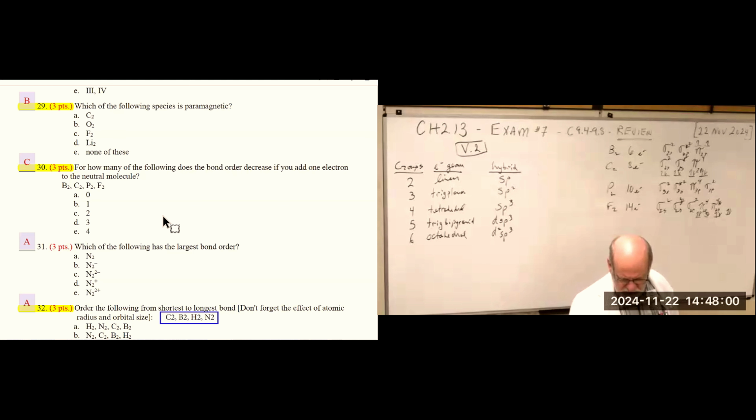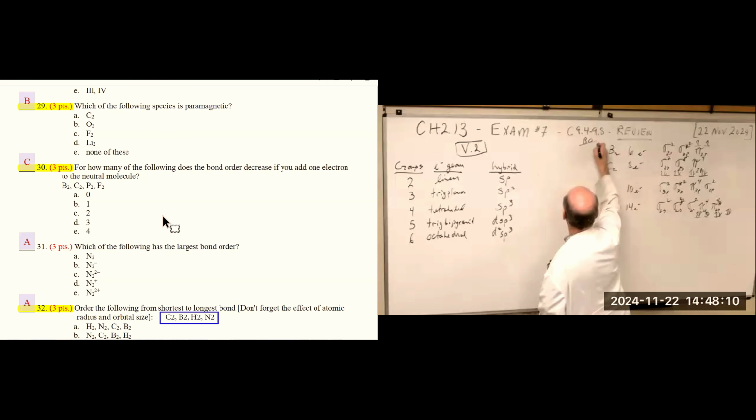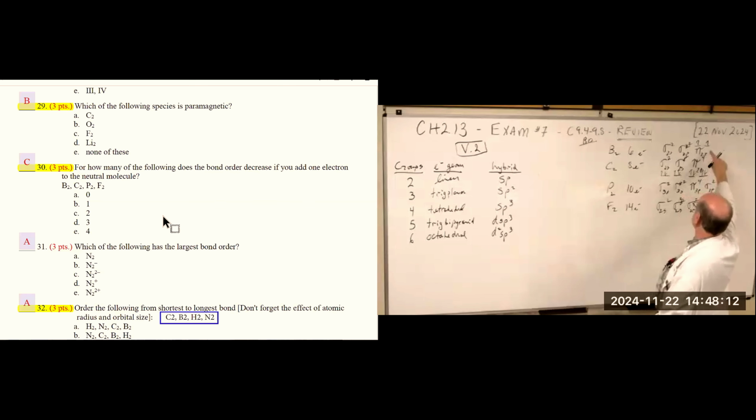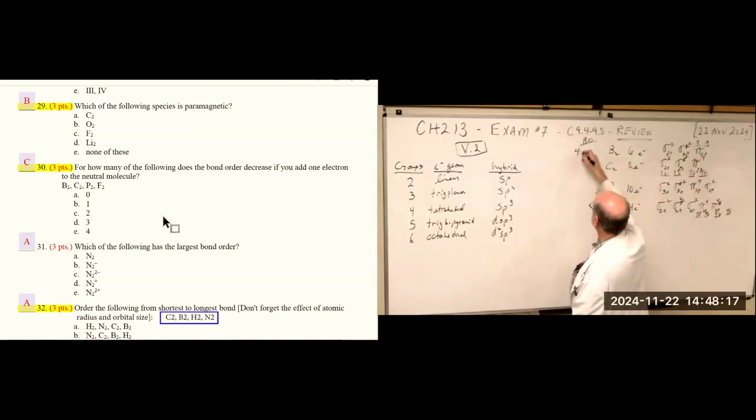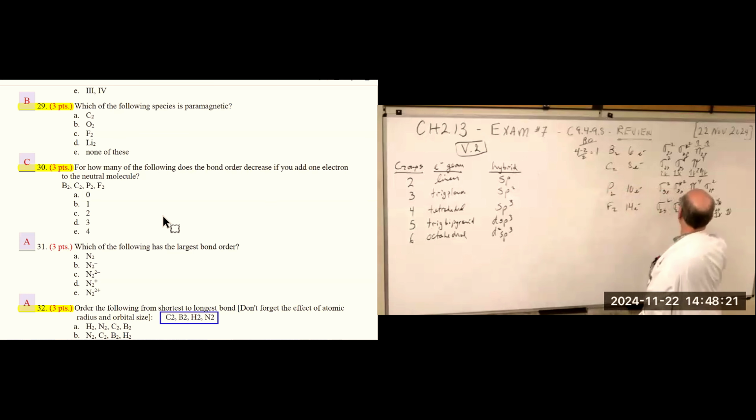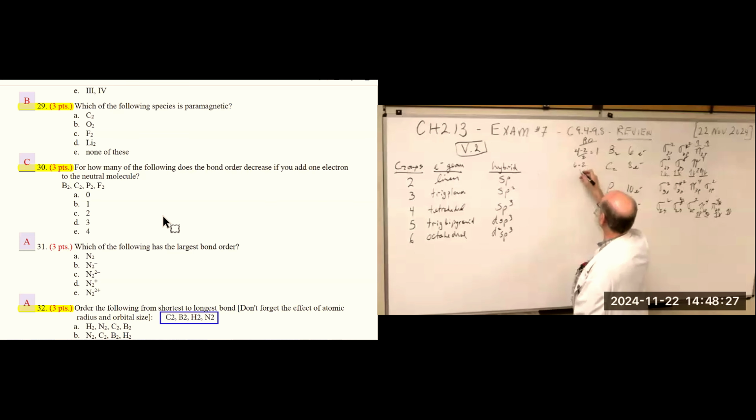For how many of the following does the bond order decrease if you add 1 electron to the neutral molecule? Bond order decrease. Okay, we need to do the bond order for each one. So the bond order here is 2 plus 2 is 4 minus 2, 4 minus 2 over 2 equals 1. And this one is 2, 4, 6 minus 2, 6 minus 2 over 2 equals 1.5, right?